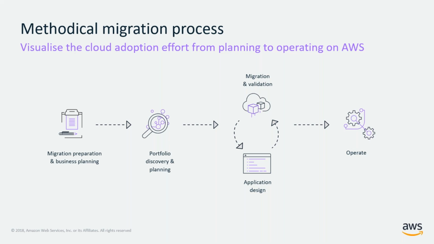And once you have that paperwork and that business case defined, it's time to start the portfolio discovery and planning. That's when you're going to execute a deep dive into your data center and create a complete map of interdependencies between your applications and define the overall migration strategy of how you're going to execute the migration of your workloads to the cloud.